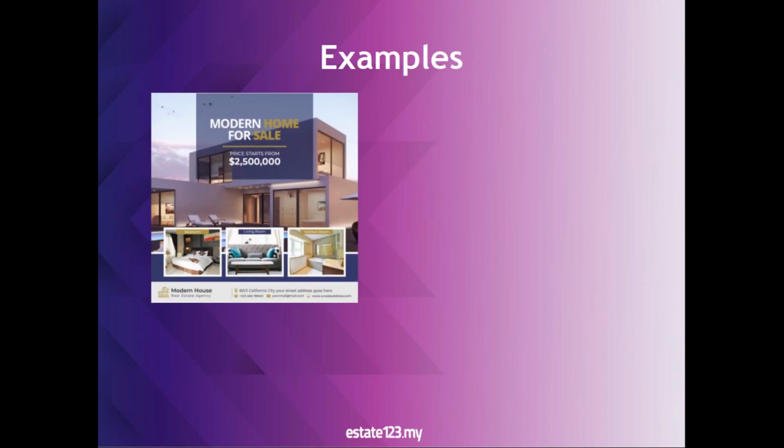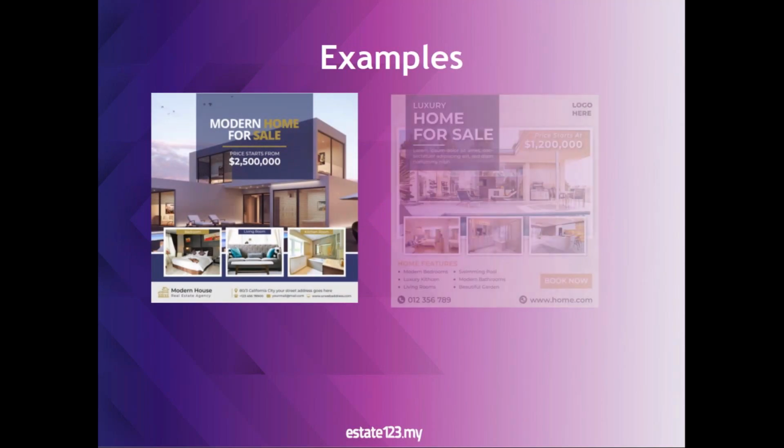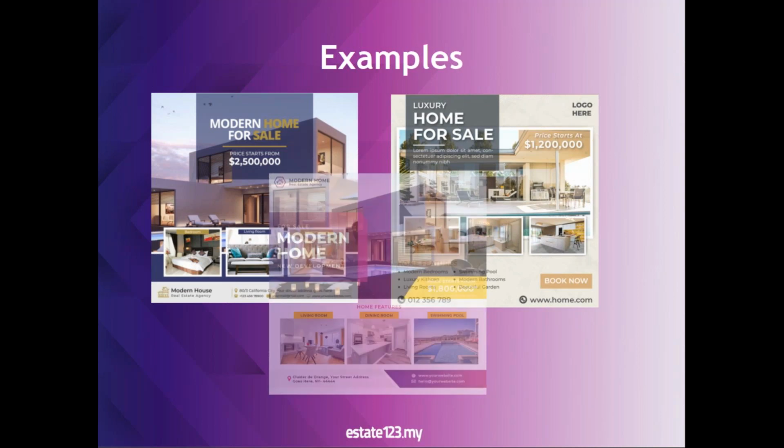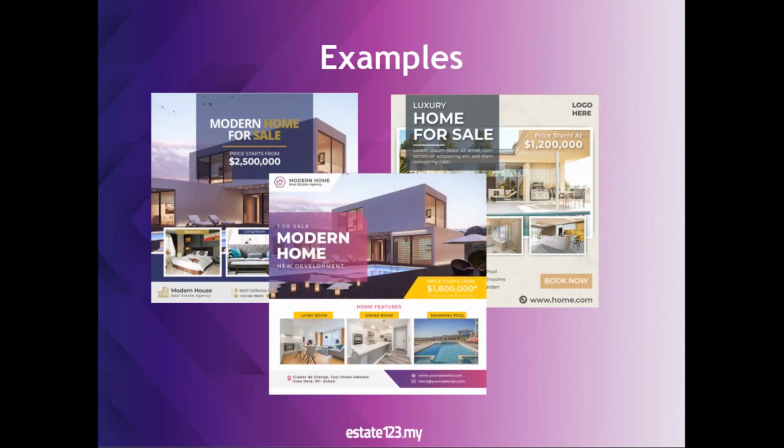So these are some examples of more professional looking ads that you can easily create. I mean, it looks quite hard at first, like there's a lot of things going on, but ultimately they look very pleasing, right? And they show you all the important details of the property that a buyer might be looking for.